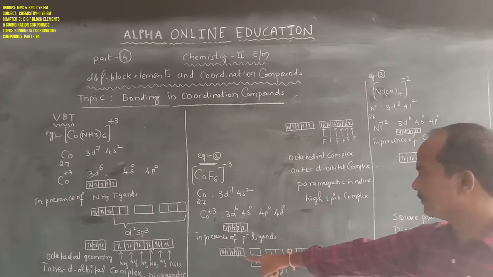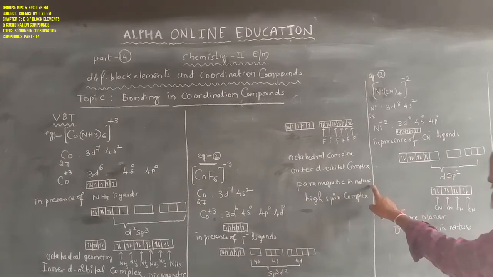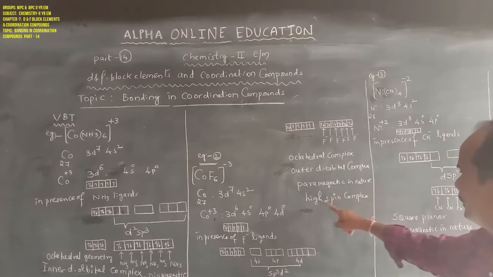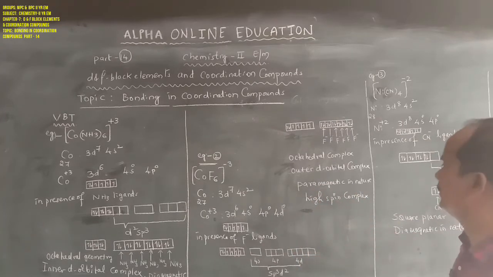Because of the unpaired electrons, it is paramagnetic in nature. This is also called a high spin complex.